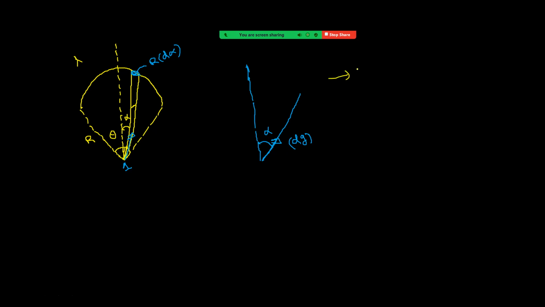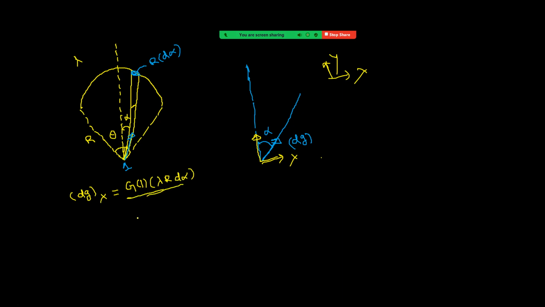If you call this the x-axis and the line of symmetry the y-axis, take one component along x and another along the y-axis. What is the value of the x component? It will be dg x equal to G m1 m2, where m2 is lambda into r d alpha.